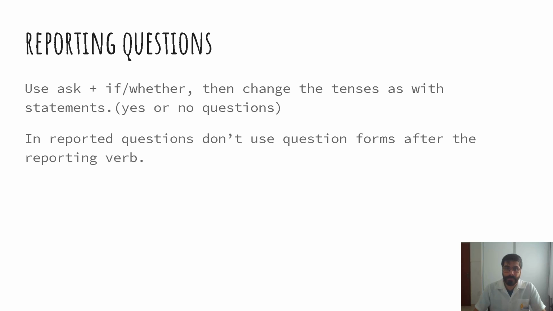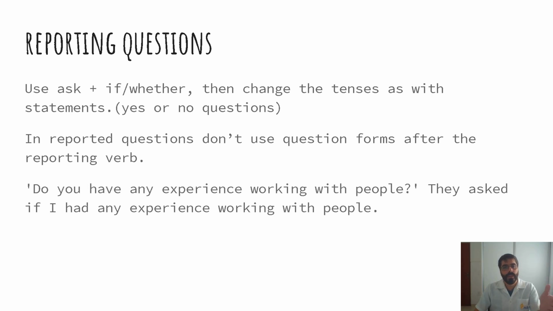Remember that, okay? So, for example, direct speech: "Do you have experience working with people?" Reporting: They asked if I had experience working with people. No question mark, no auxiliary verb here, because this reported question is an affirmative.